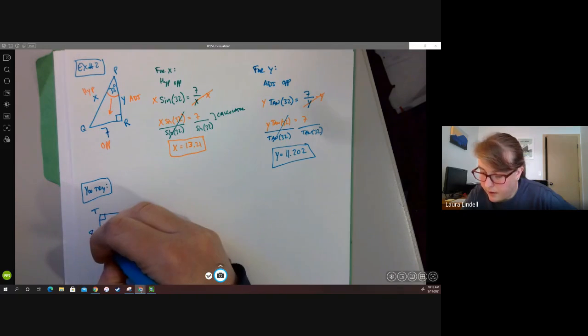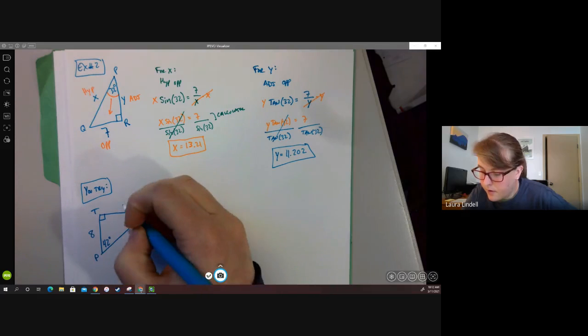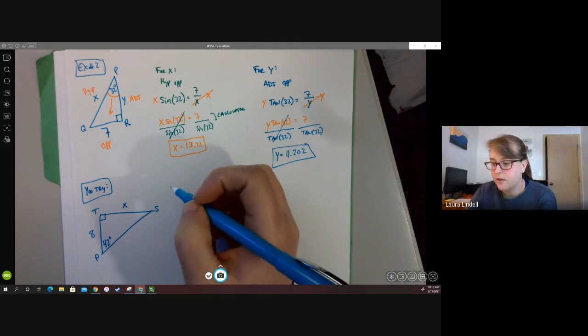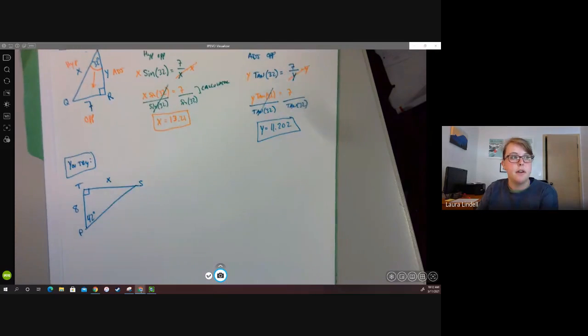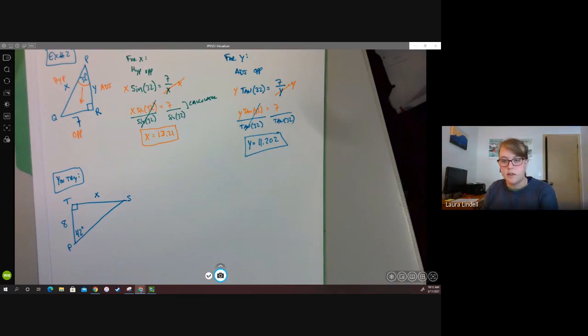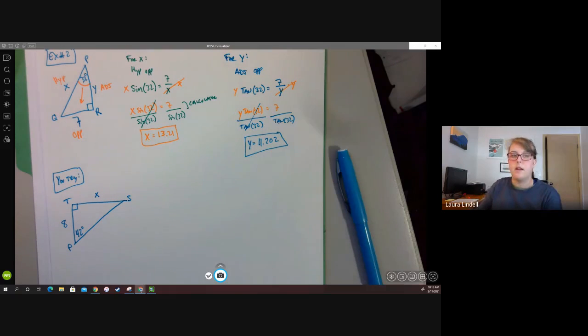This angle is 42 degrees. Go ahead and solve for x. So just x so far for this one. And I'll step us through, give you hints as we go. But once you think you've got x, go ahead and type "got it" in the chat.